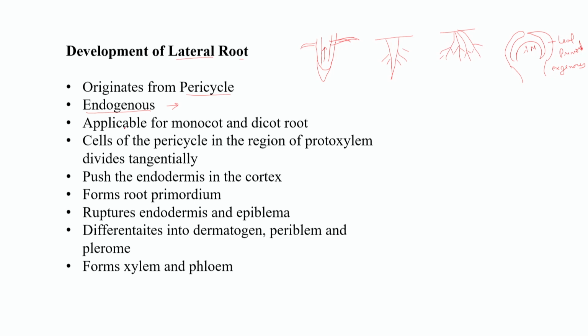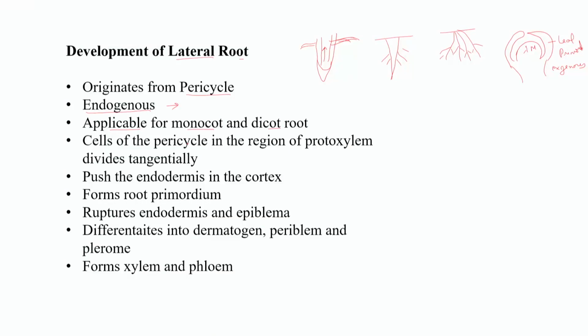And this type of development is applicable for monocot and dicot root both. Like in monocot also, whatever lateral branches are coming out, they are coming out from pericycle. Now, what actually happens, suppose you have endodermis here, the endodermis layer is here.